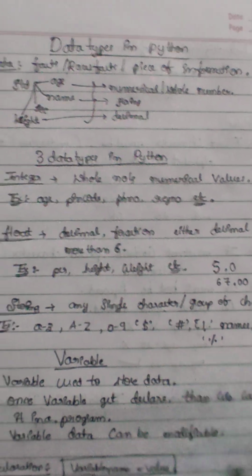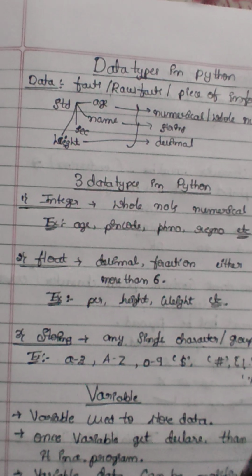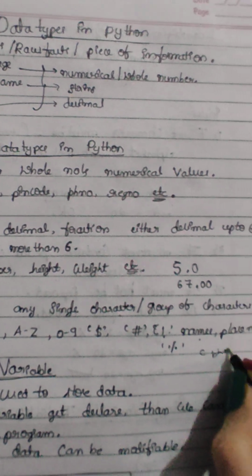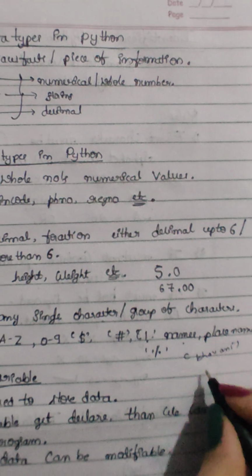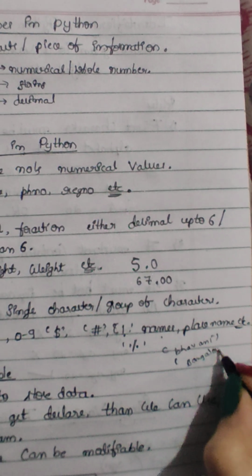Name, place, everything we have to give in single quotes, like name Bhavani, place Bangalore. We have to give it in single quotes like this.